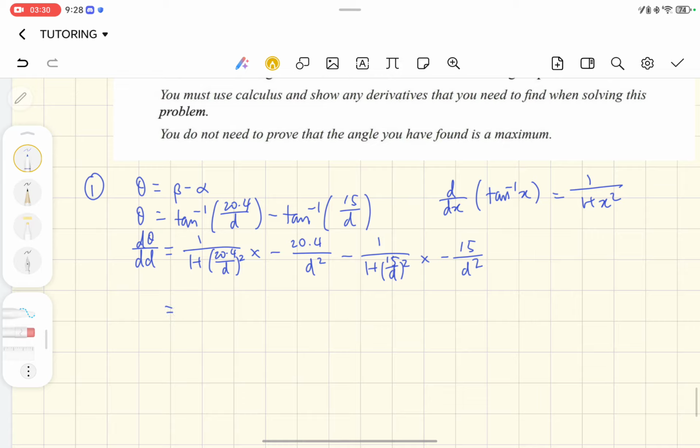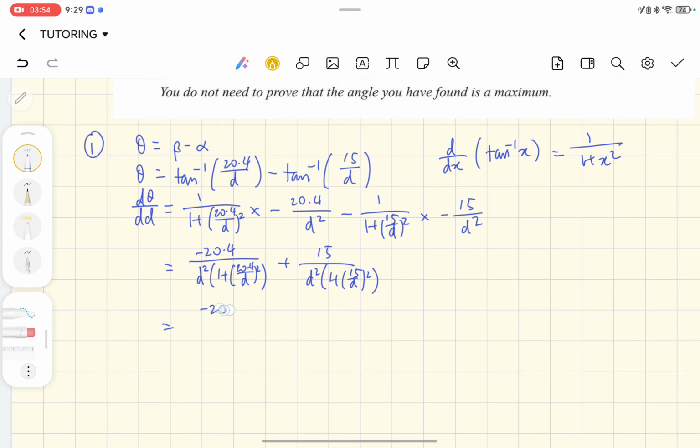We're going to simplify this. This becomes negative 20.4 over d squared times 1 plus (20.4 over d) squared, plus, because the two negatives make a positive, 15 over d squared times 1 plus (15 over d) squared.